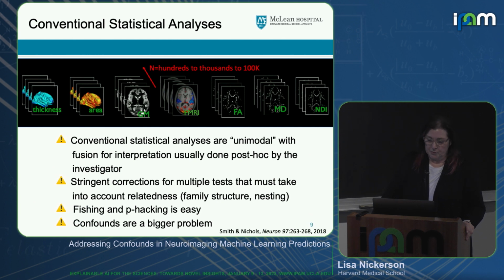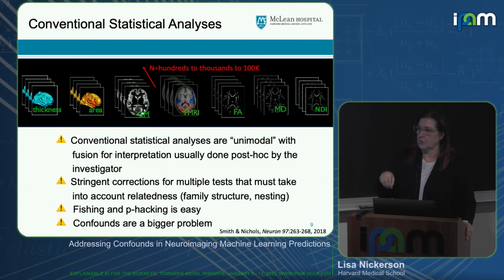Stringent corrections for multiple tests have to be done, and they have to take into account relatedness. In the HCP young adult, twins and siblings were purposefully recruited, so there's a lot of rich family structure there. In studies like the ABCD, which is a large-scale neuroimaging initiative collecting data in 10,000 kids longitudinally, there's a lot of nesting.